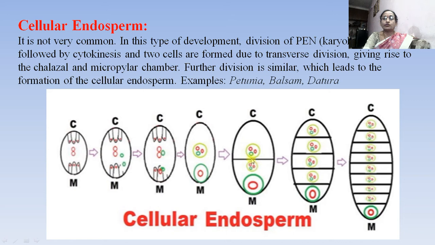There is formation of two nuclei, and these two nuclei are separated from each other by the formation of a cell plate, and that's why two cells are formed. This is the micropylar cell and this is the chalazal cell. After that, every nuclear division will be followed by cell division, and that's why there are as many cells as nuclei, and therefore it is called cellular endosperm.